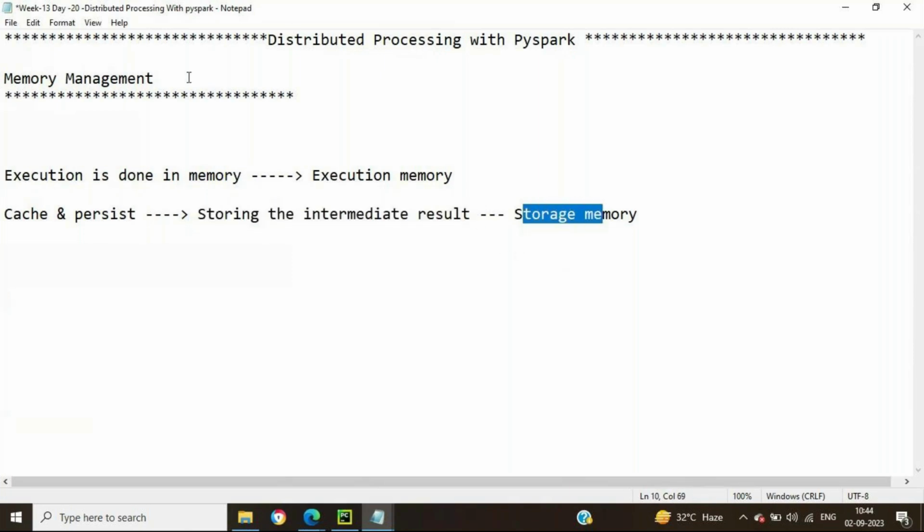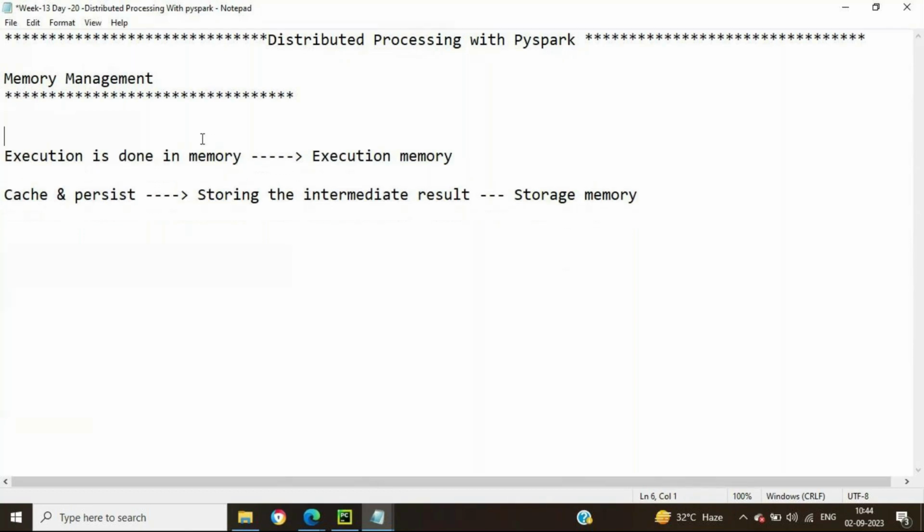If we talk about Spark or PySpark, we have two types of memory, execution memory and storage memory, utilized for execution and storage.